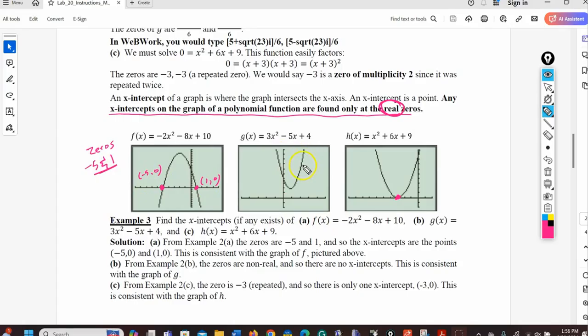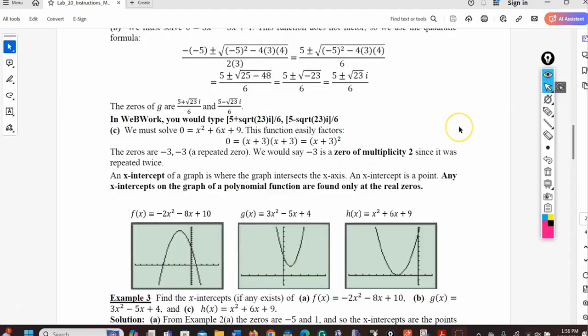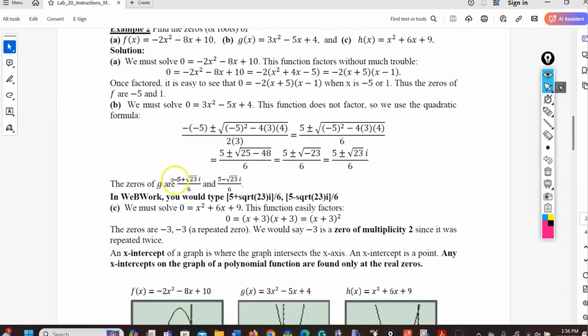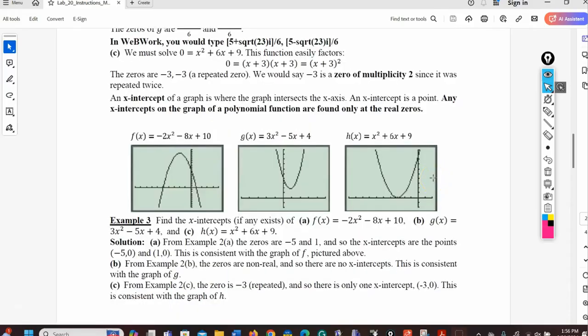Here with this second one, we didn't have any real zeros. When we were asked to find the zeros of G, we had numbers with i in them, non-trivial complex numbers as zeros. G had no real zeros, only complex zeros. And notice that the graph of G has no x-intercept. That's consistent with saying x-intercepts are only found at the real zeros. This had no real zeros, and so there were no x-intercepts.